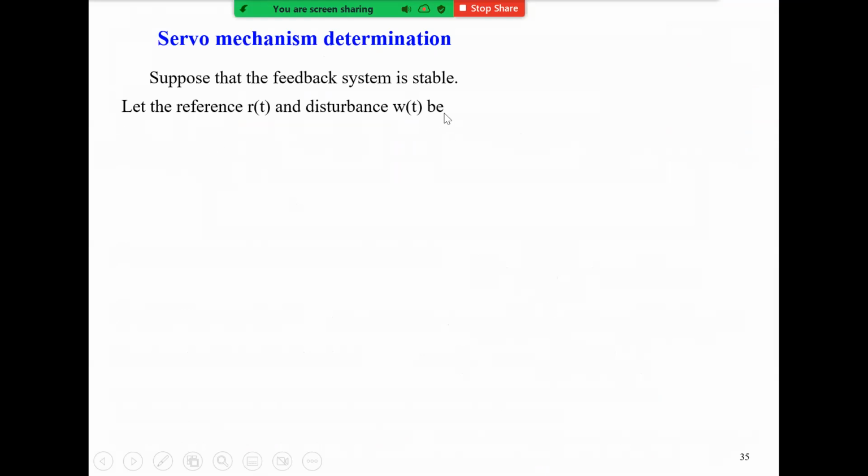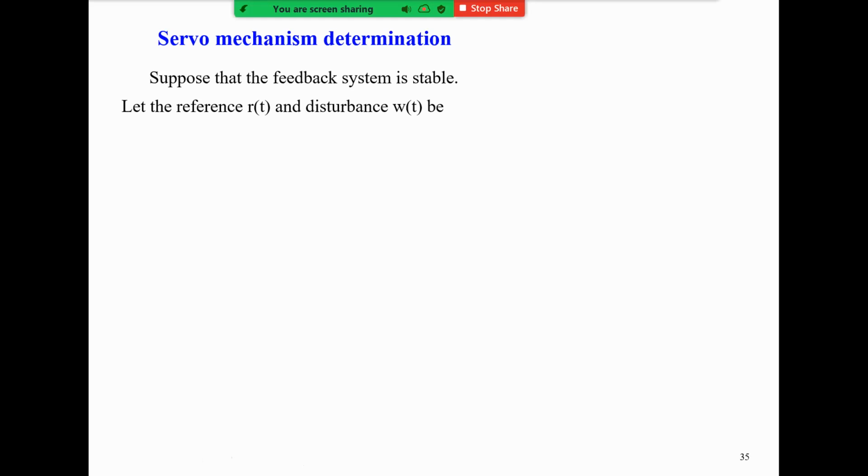Let's first, because we know that to get the solution, we want to know what are the unstable factors in the reference signal, and eventually we will try to determine the response to the disturbance, right? We also want to know what is the unstable factor in the disturbance. Okay, we want to cancel out all those unstable factors. And then, in that way, we can achieve the steady state error to be 0.